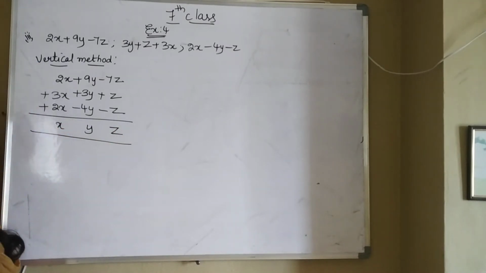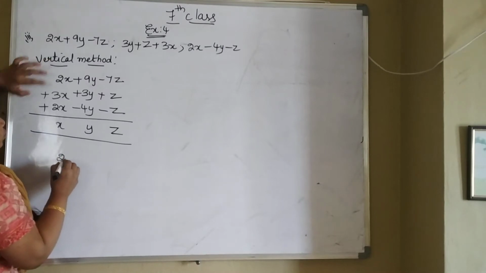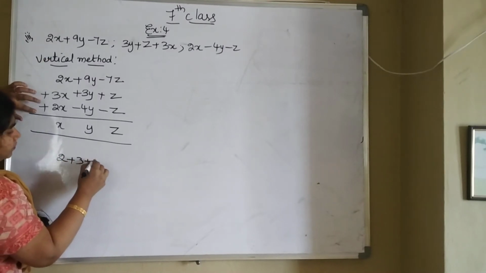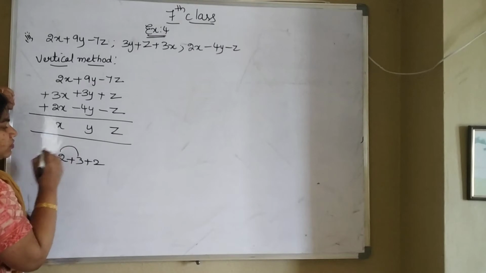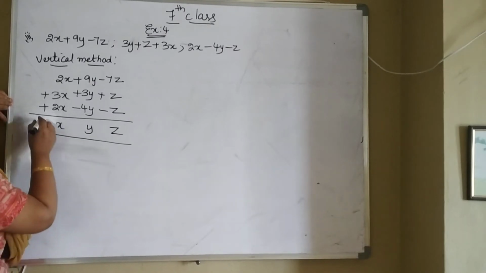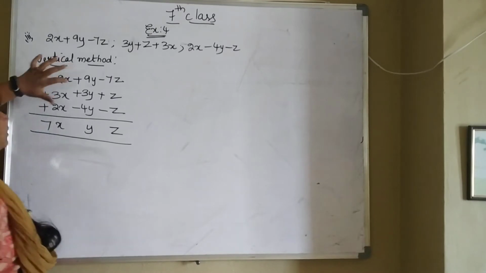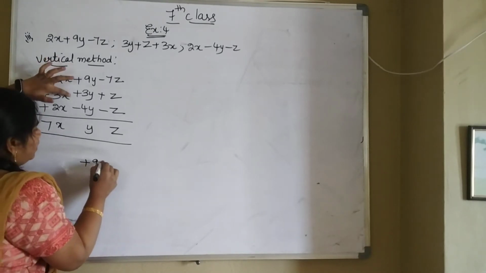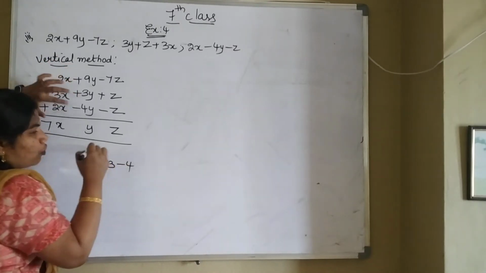Okay, now first x terms. 2 plus 3 plus 2. 2 plus 3 is 5. 5 plus 2 is 7. So you got 7x here. Next y terms. Plus 9 plus 3 minus 4.